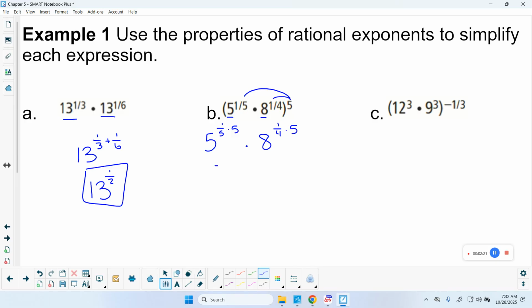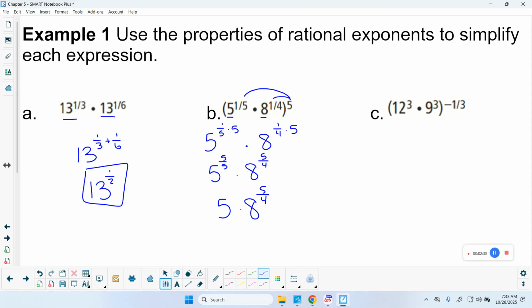So 5 would be raised to the 5/5, 8 would be raised to the 5/4, and if you can simplify, we want to. So 5 over 5 just means this would be 5 to the 1st times 8 to the 5/4.